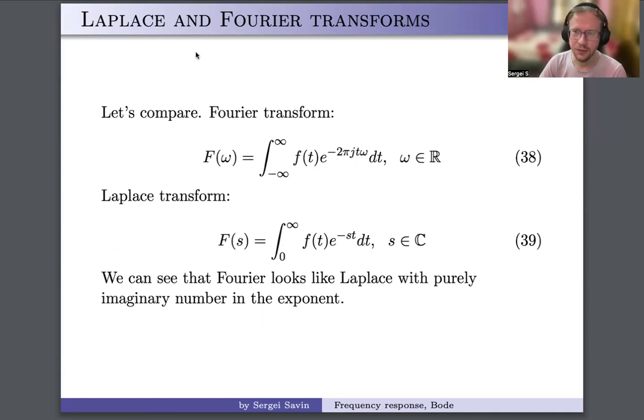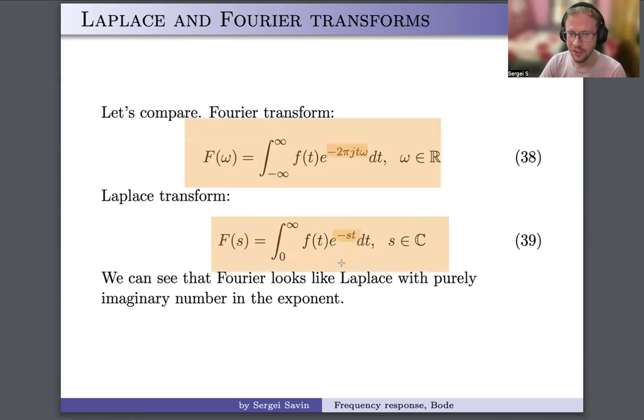In the past, it was happening at the same time as control theory, but I'm not sure if this year it also happens. You can find the similarity between Fourier transform and Laplace transform, even visually. You can see that the transforms themselves are very similar. And you can notice that the difference between them is the fact that here the complex variable has only an imaginary part. Here the complex variable has both real and imaginary part.